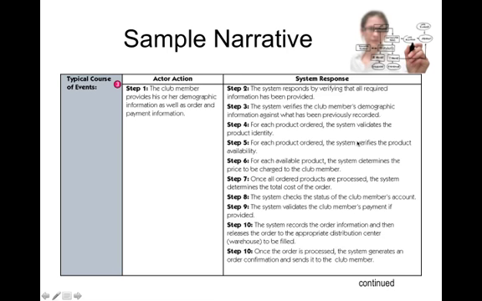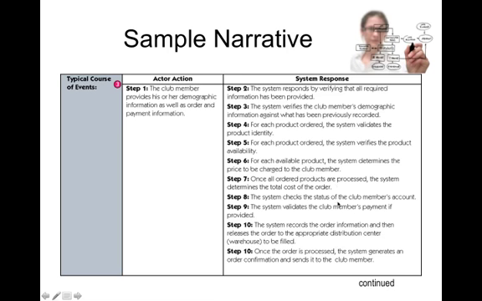For each product order, it validates the identity. For each product ordered, the system verifies the product availability. So I make sure that I know what this product is. I make sure that we have the product here. For each available product, the system determines the price. So I want to go and verify that the price is as expected. The system will determine the total cost.